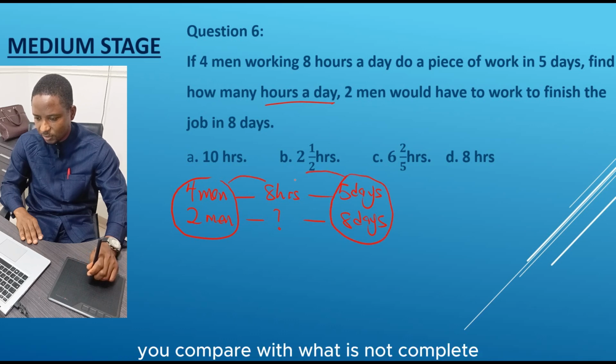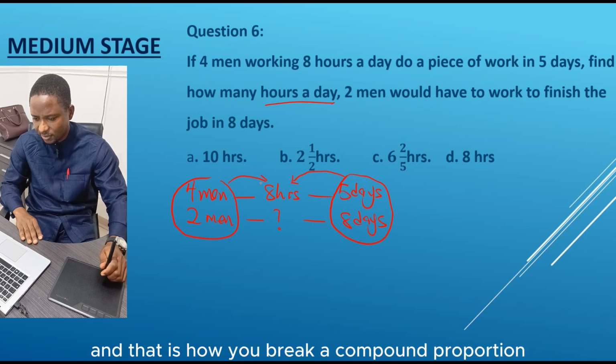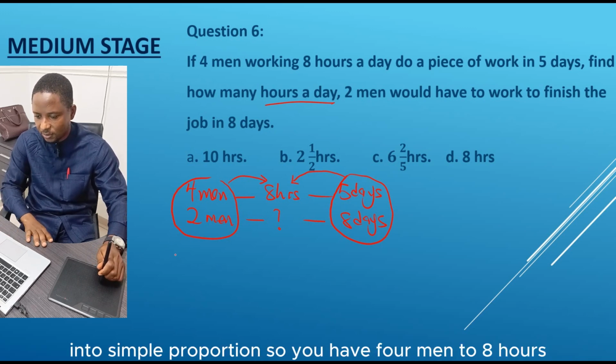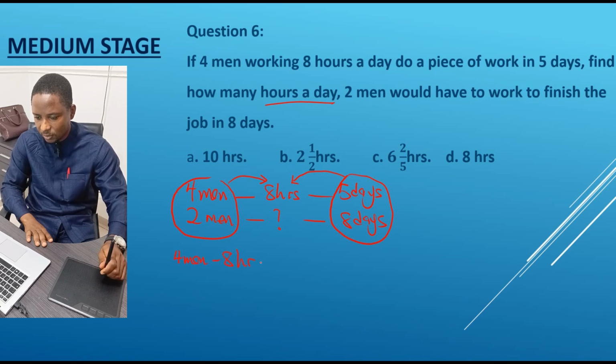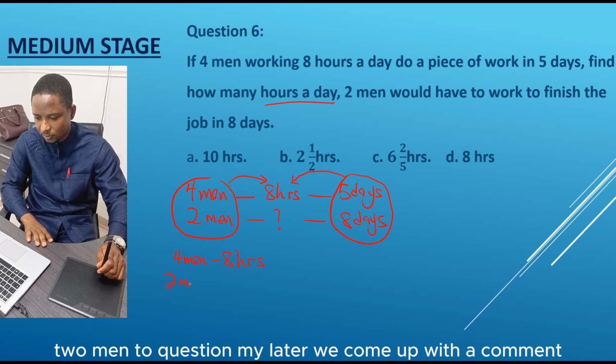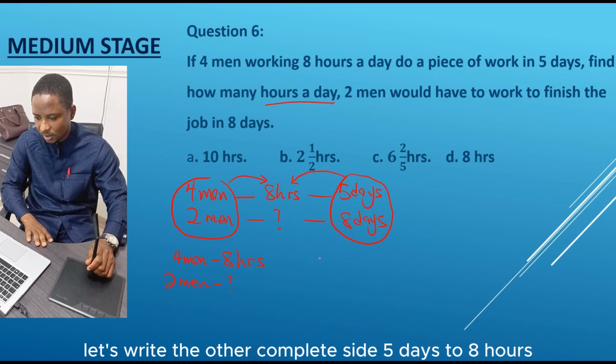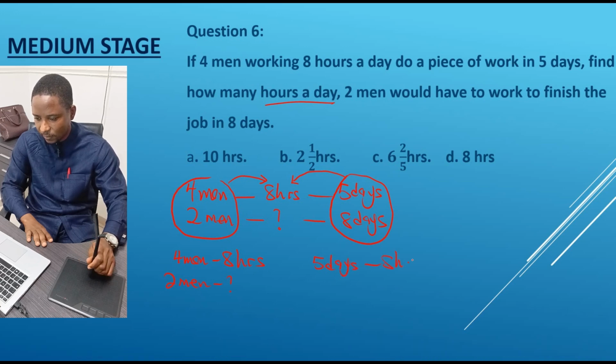You compare with what is not complete, and that is how you break a compound proportion into simple proportion. So you have 4 men to 8 hours, 2 men to question mark. Let's write the other complete side: 5 days to 8 hours, then 8 days to question mark.